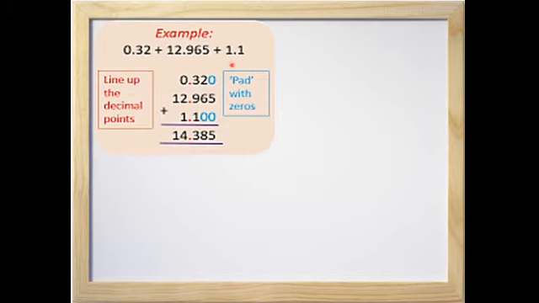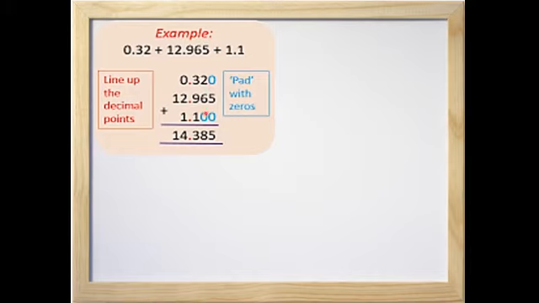So the new number is 1.100. Now easily we see that all the three decimal numbers have become like decimals and we can add them. And also all the three decimal points are lying in a straight line. Is it clear, children?